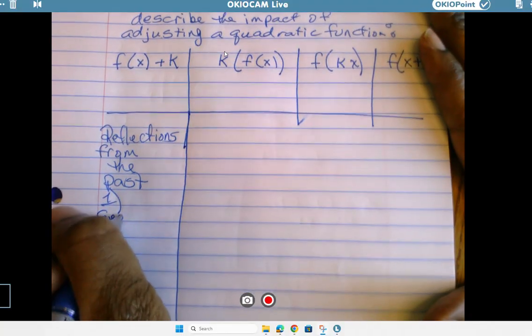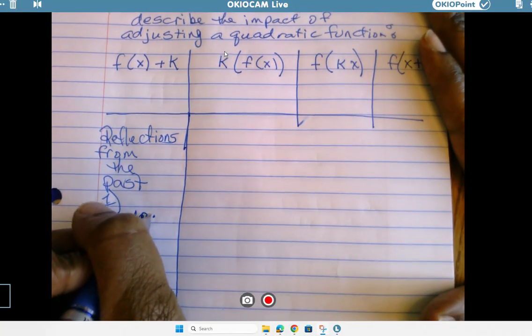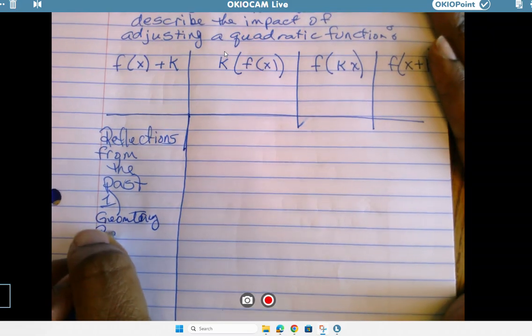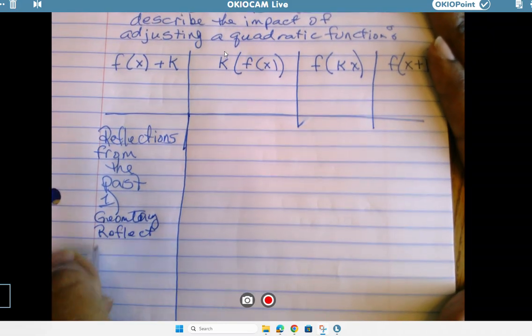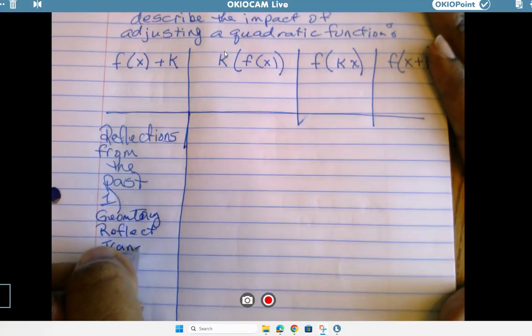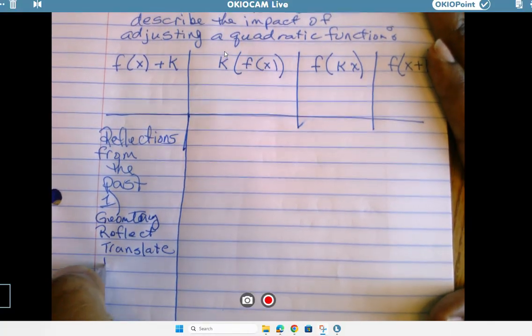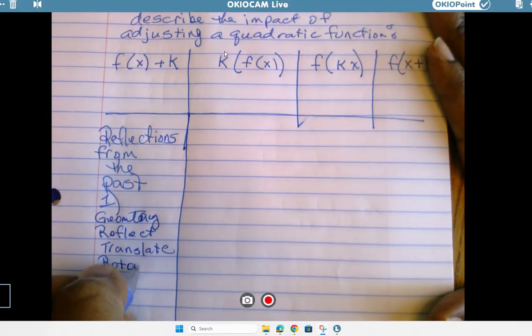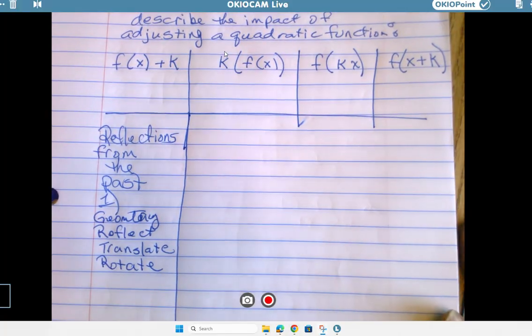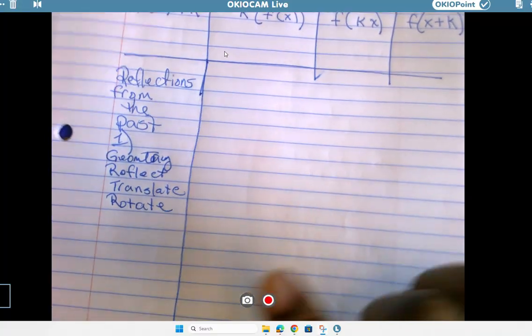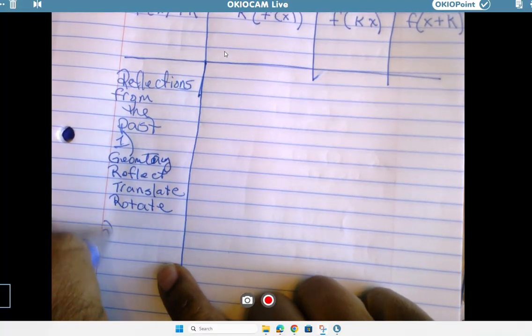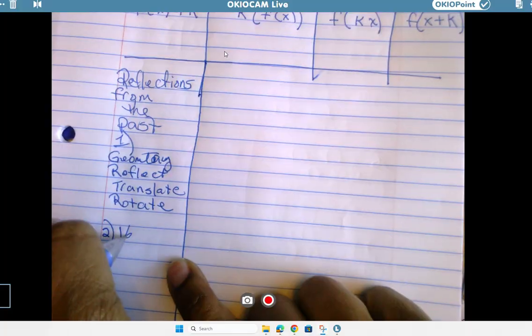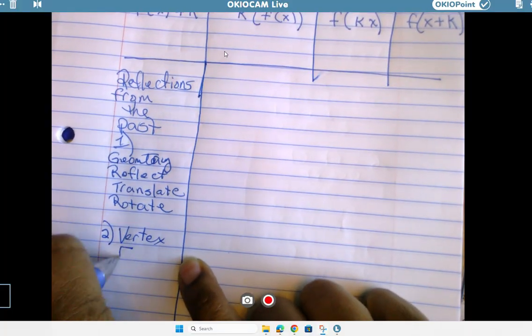Okay, so let's think about geometry real quick. Reflect, translate, rotate. And then the second thing that we're going to reflect from the past is vertex form of a quadratic.